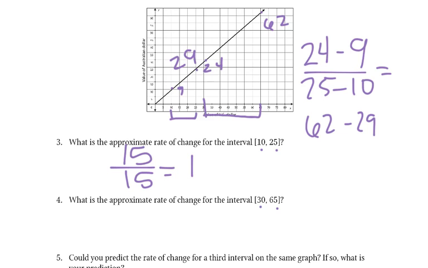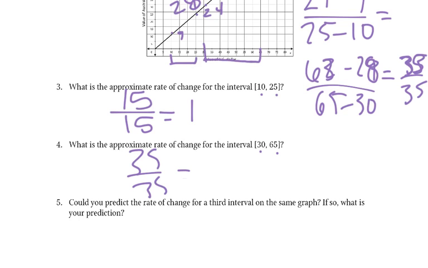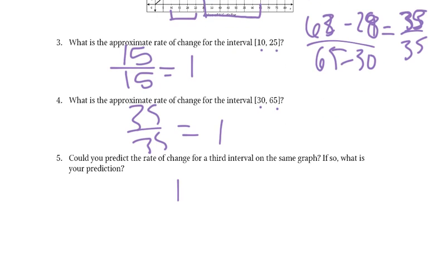So 62 minus 29, which would be 33, over 65 minus 30, which would be 35. It's slightly off, but that's because we're estimating; it could easily be 33 and 28, which is probably closer to what it would have been. Being that it's linear, we should have the same thing. So 35 over 35 again gives us 1. Could we predict the rate of change for a third interval? Yes, it would be the same thing, 1, because it's linear.